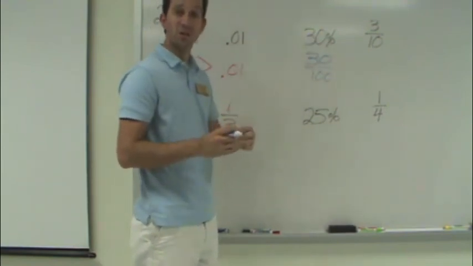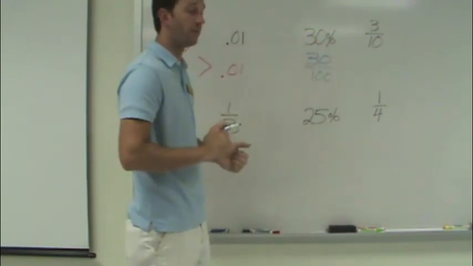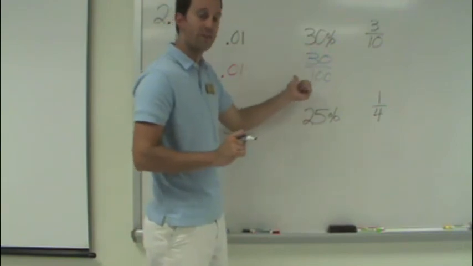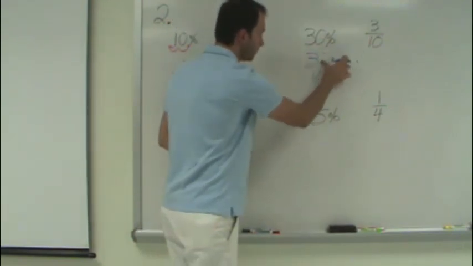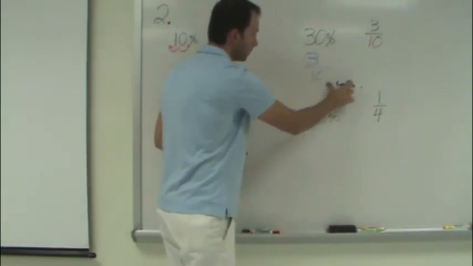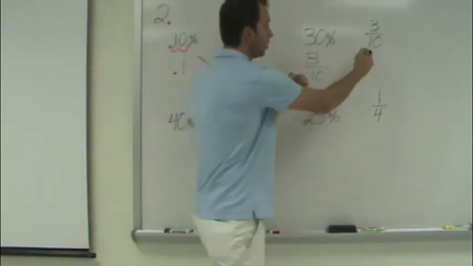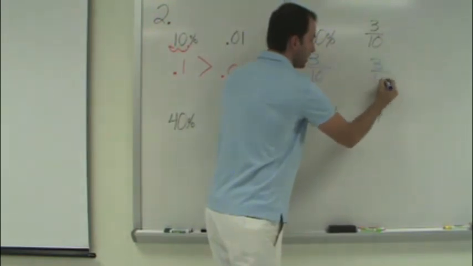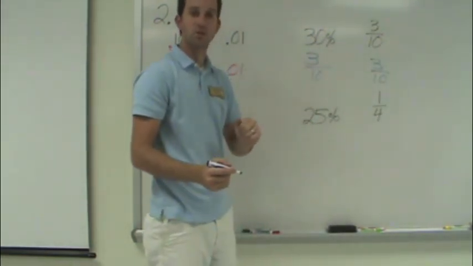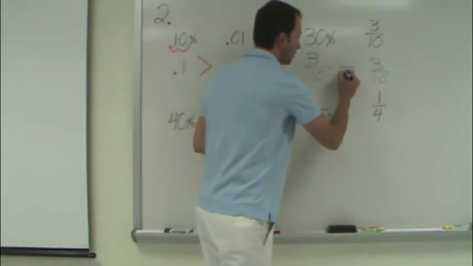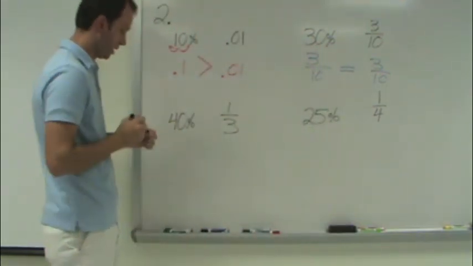Percent means literally divided by 100 or out of 100. We can simplify this by 10. And it simplifies to 3/10. Excellent. We also have 3/10 on the right hand side. Obviously those two numbers are equal.